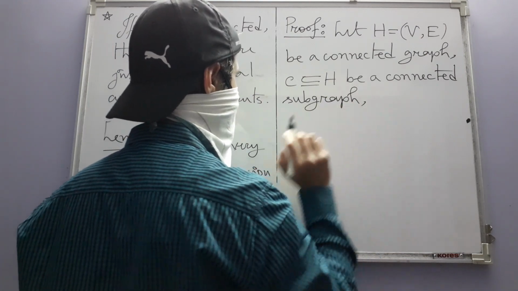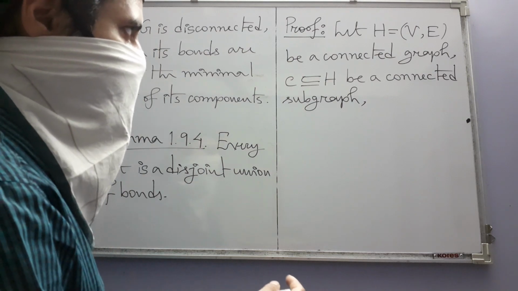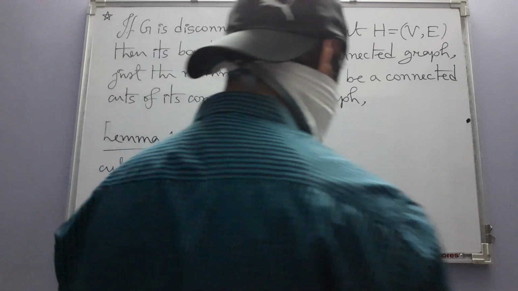We are specifically mentioning that C is a connected subgraph because in a connected graph you can consider a disconnected subgraph, but C is a connected subgraph.